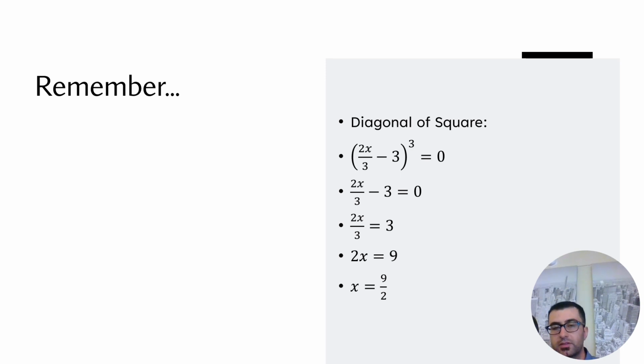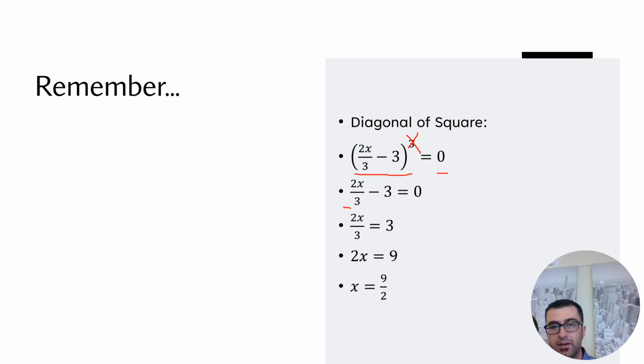So let's go back to the question. The term is 2x/3 − 3, to the power of 3. So if this is equal to 0, we can delete this 3 and the term is equal to 0. For equations, we know that we can do whatever we want as long as it applies to both sides of the equation.